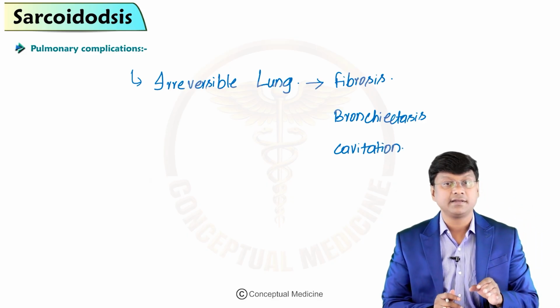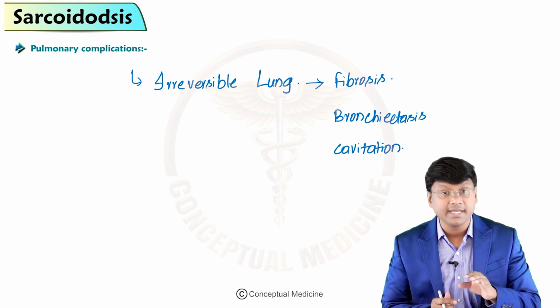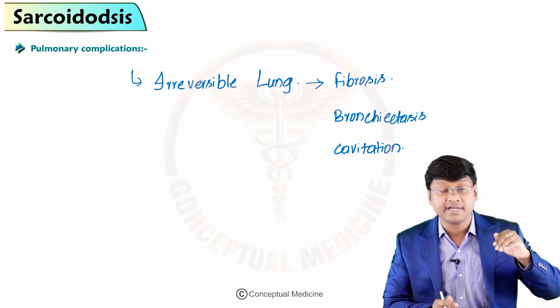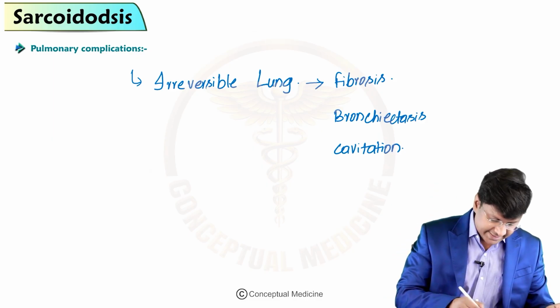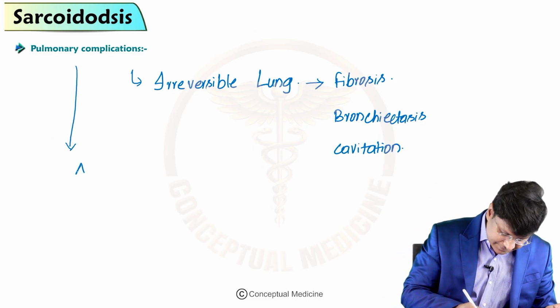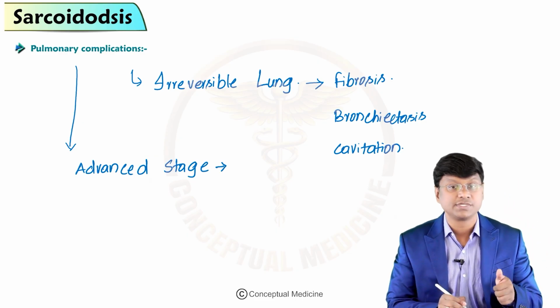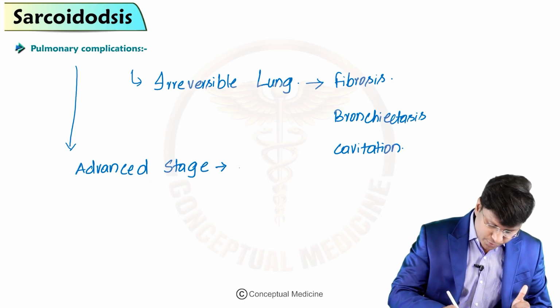So these are the irreversible lung impairment signs. And as the severity of the disease increases, that is in advanced stage of sarcoidosis, the individual can develop pneumothorax.